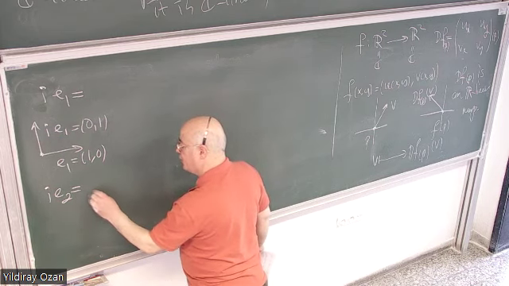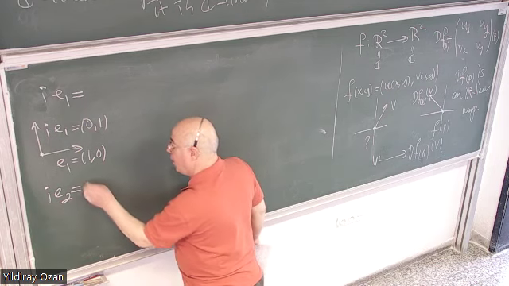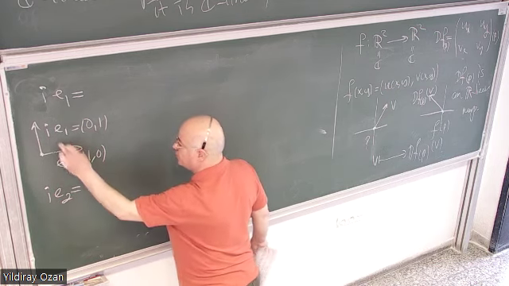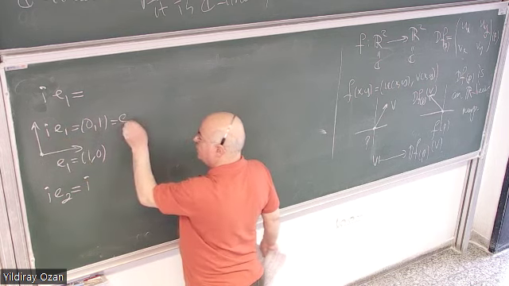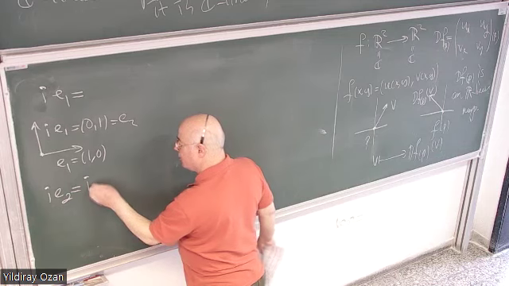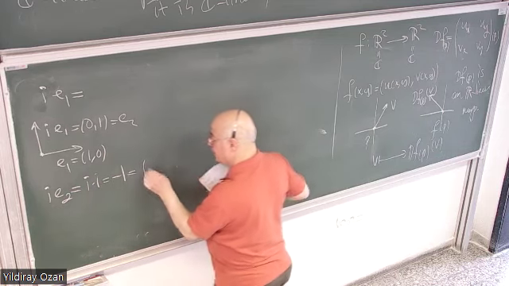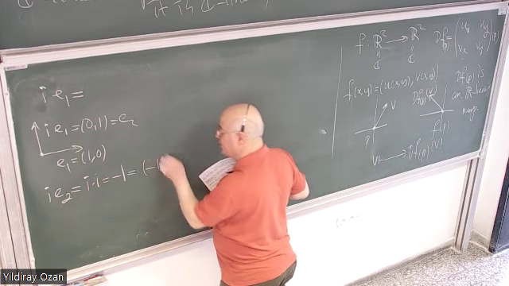This is i times i, which is i squared, so it is -1. It means it is just (-1, 0).